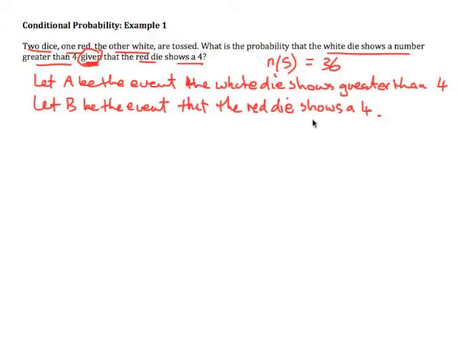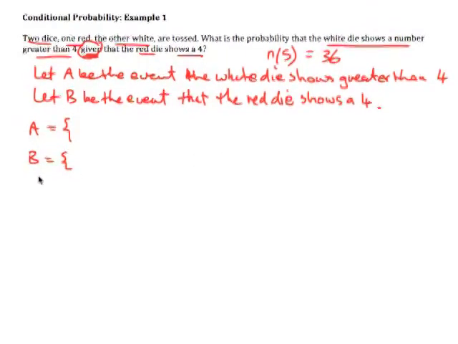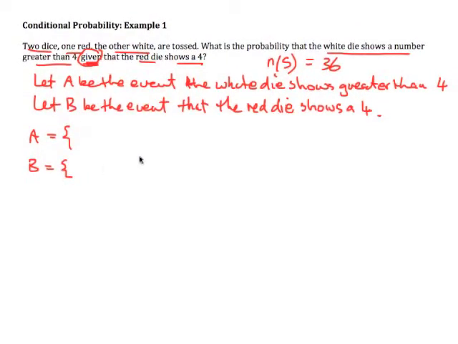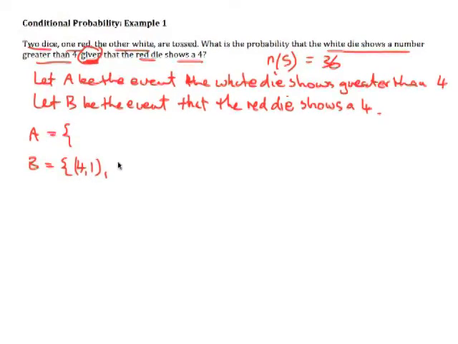All right, now let's list these out. So let's look at event A and event B. Well, event B is actually fairly easy, so let's do that one first. So the red die shows a 4, so let's put the red die as the first coordinate for the pair.